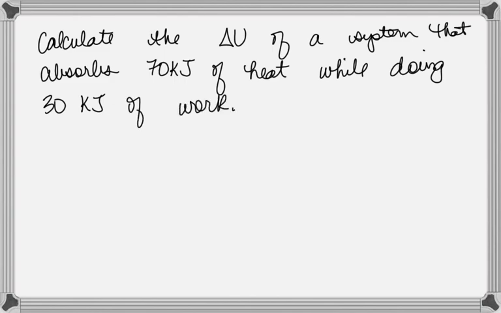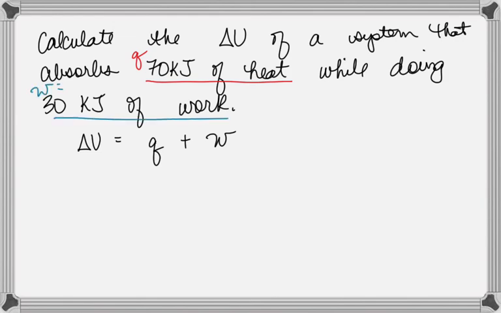You've probably seen me work some like this, maybe in the lectures, but the formula is always delta U is equal to Q plus W. That's always the formula. We can clearly see that the Q is 70 and the W is 30.